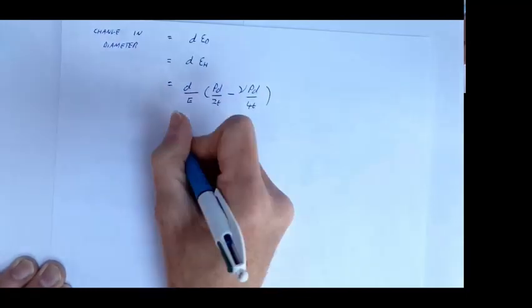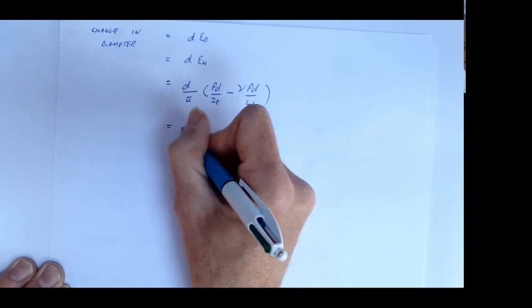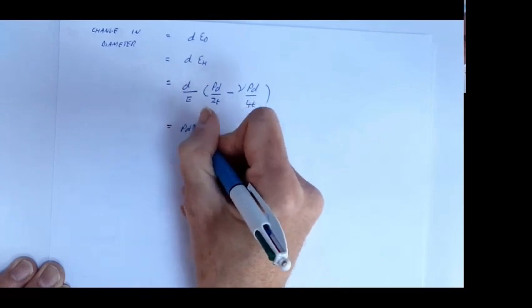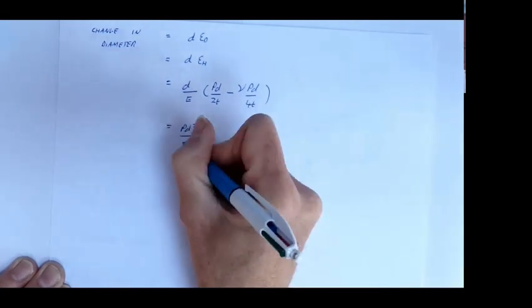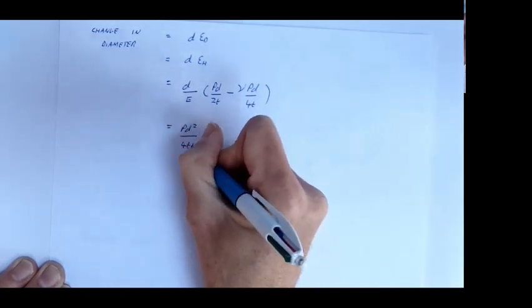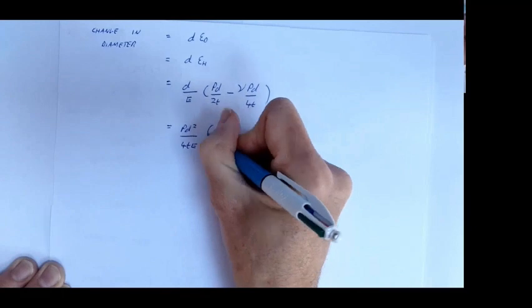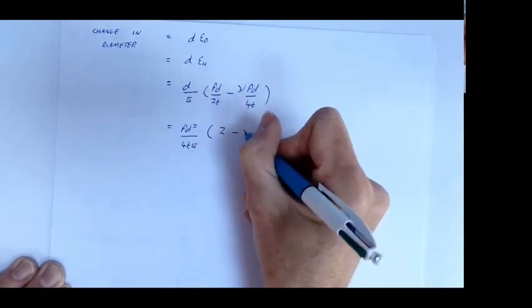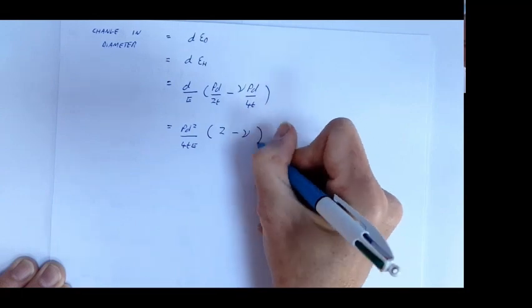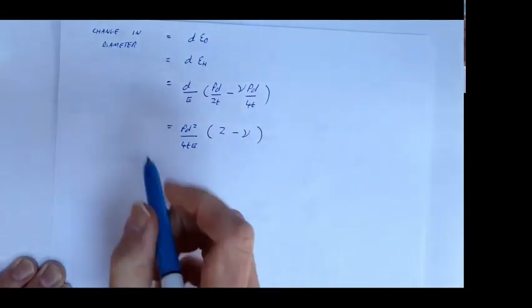Clearly we can factorize that. We've got PD squared over 4TE, lots of 2 minus Poisson's ratio. So that's going to be our change in diameter.